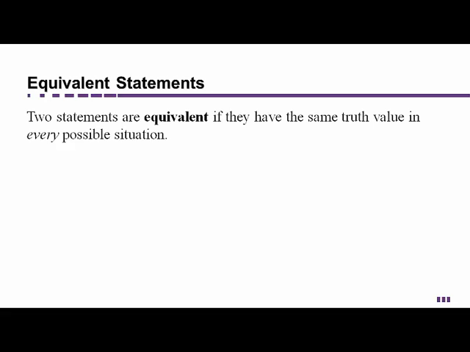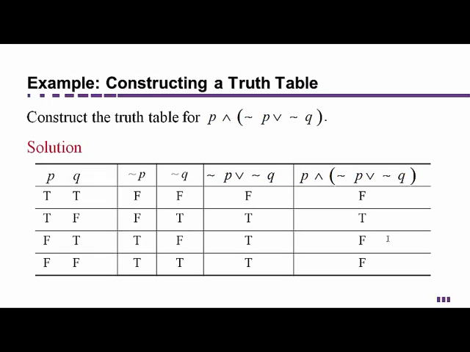Okay, two statements are considered equivalent if their truth table values are the same for every possible situation. So what I mean is they wouldn't be equivalent if another statement had 3 falses and 1 true. They're only equivalent if it had 3 falses and 1 true in this exact same order, right? So if you set it up the same way with your T's and F's in the exact same order, basically if you just kept this first column exactly the same with your trues and falses, and then you ran a whole new compound statement, whatever it happens to be.